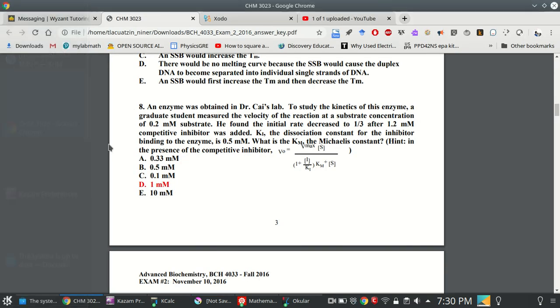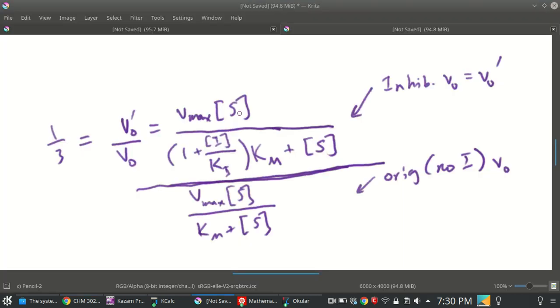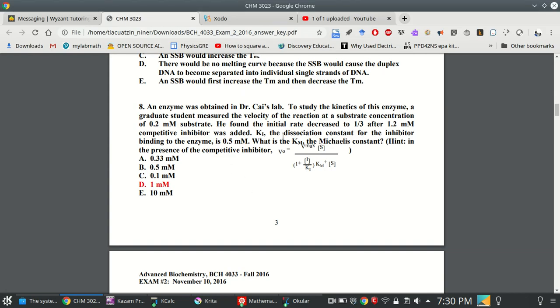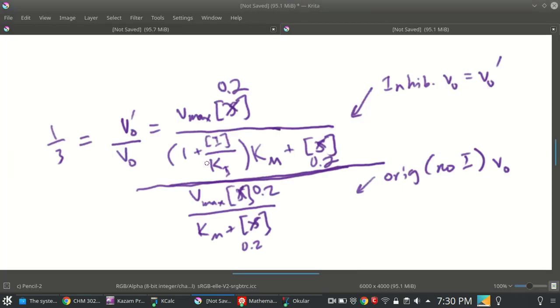All right. Now let's replace stuff in here. The velocity at 0.2 millimolar substrate. So substrate is 0.2 millimolar. Great. What else? 1.2 millimolar competitive inhibitor, right?